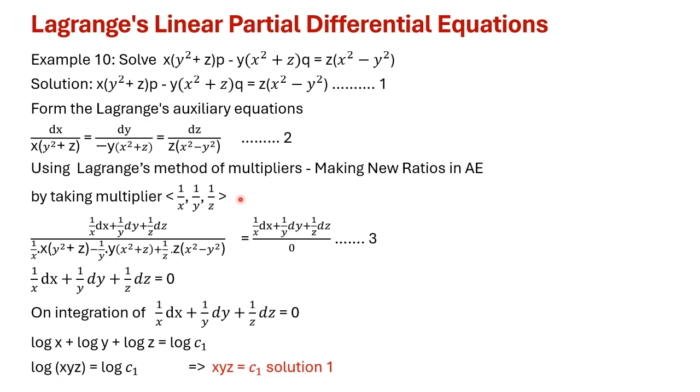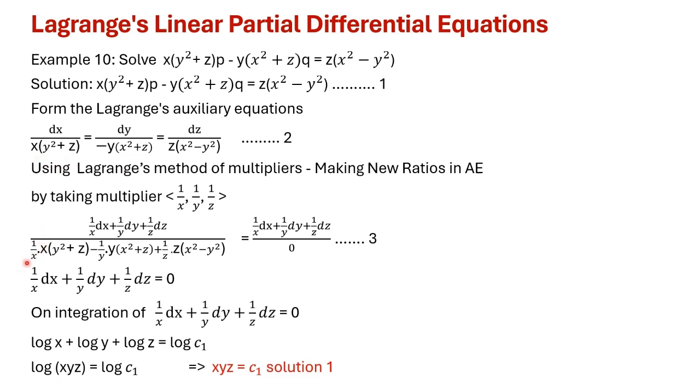So multiplying 1 by x with this term, we'll get this, plus 1 by y into dy and 1 by z into dz. Similarly, we'll be multiplying this in the denominator also. 1 by x into this term, so x and x will get cancelled here.